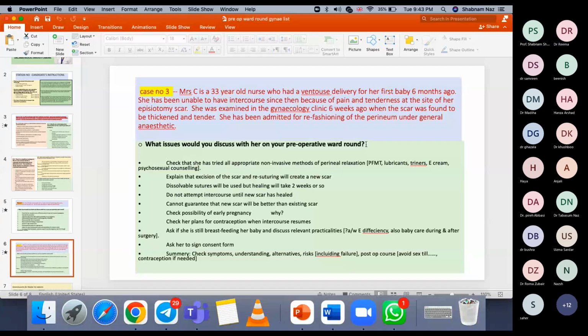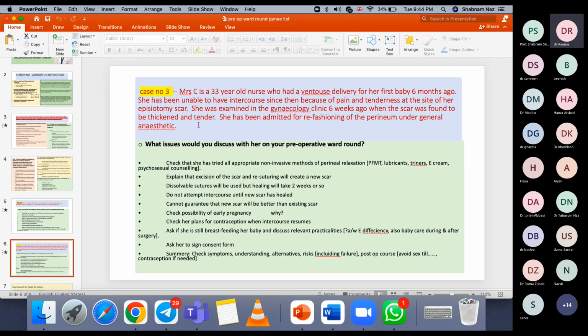Yes, ma'am. First of all, in this patient, I will counsel the patient. I will introduce myself to the patient, and then I will confirm the procedure, and I will look for the consent, whether well-informed consent has been taken or not, and then anesthetic review, and whether they are going to perform local or regional anesthesia. Yes, ma'am.